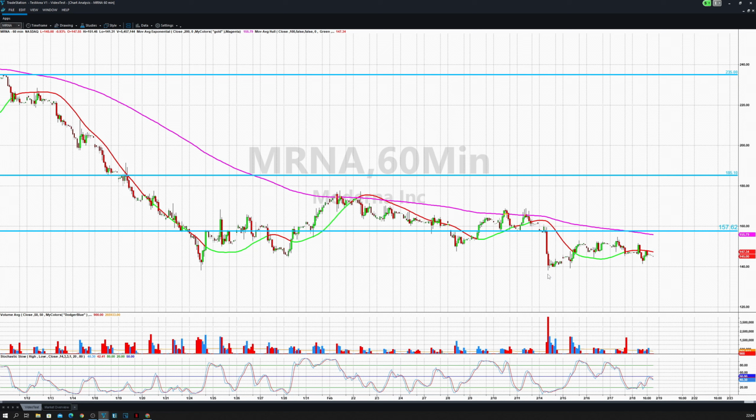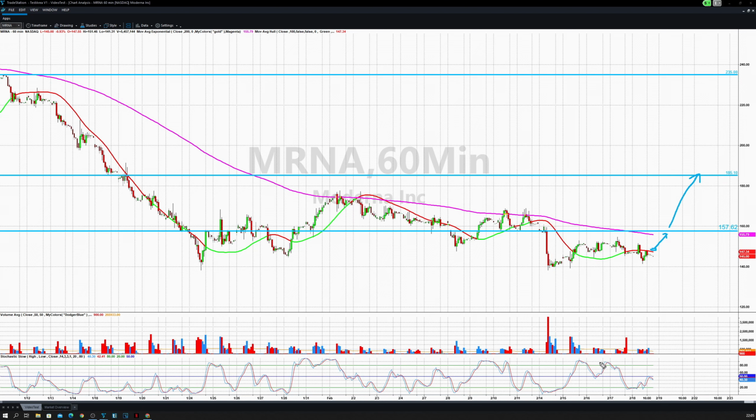Basically you see the big volume, which means this is a big stop loss hunt, and from here I think we will see a break above. So any close above this average means the stock will want to move higher, and above the 157.60 it will open up to 185.